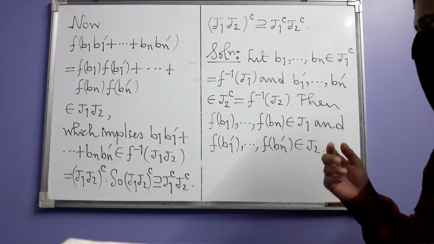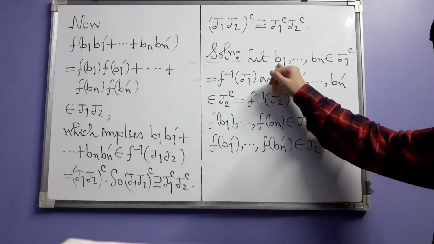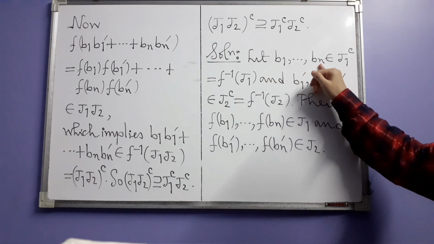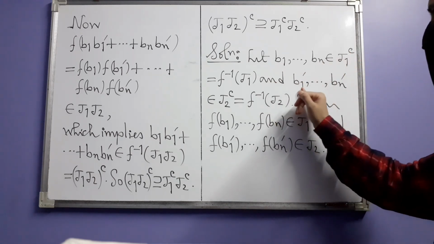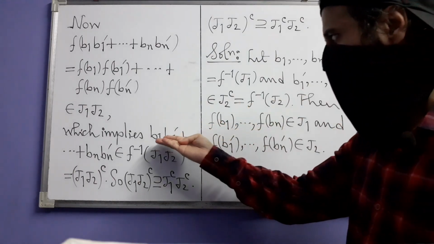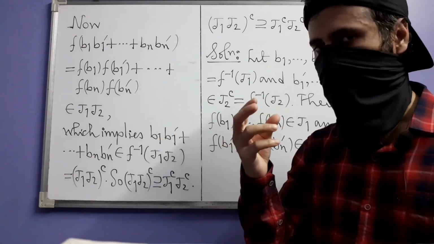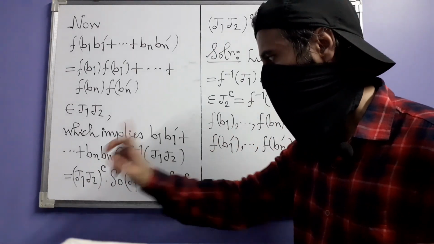Now what did we prove? We proved that for arbitrary elements bi's in J1 contraction and bi primes in J2 contraction, the sum formed by their corresponding products belongs to J1 J2 contraction.